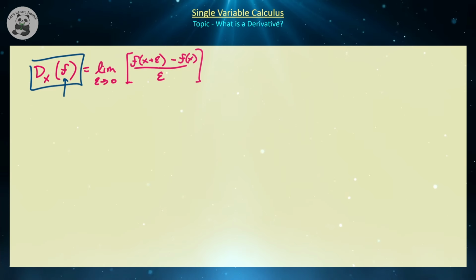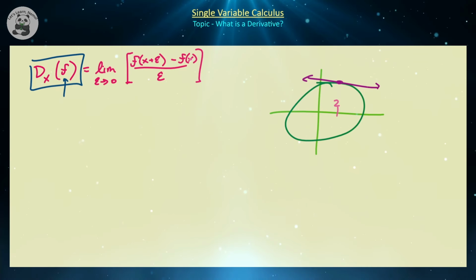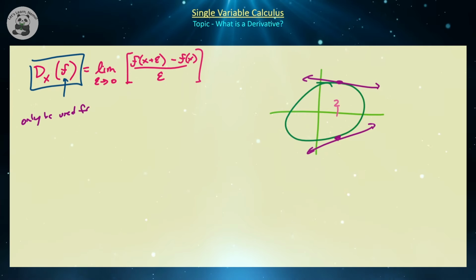But obviously, if we have an arbitrary relation like this, and I say find the slope of the tangent line when x is equal to 2, obviously you're going to have more than one answer. Because in this picture, we're going to have that slope there, and we have that slope there, which can be very, very different from each other. So this notation should only be used for functions. Okay?